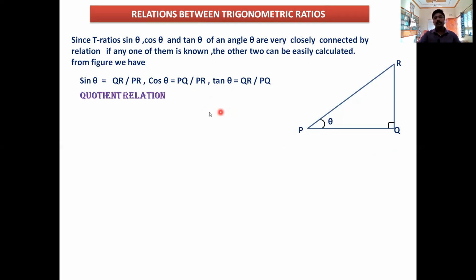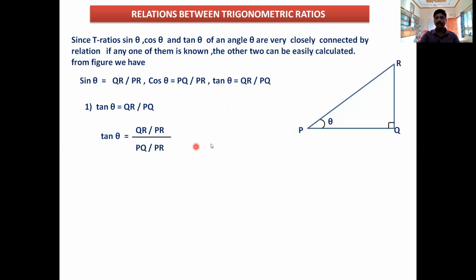Now we will discuss the quotient relation. Tan theta is equal to perpendicular divided by base, or opposite side divided by adjacent side, that is QR divided by PQ. Tan theta is equal to QR divided by PR, whole divided by PQ divided by PR. What we did here is divide both numerator and denominator by PR.